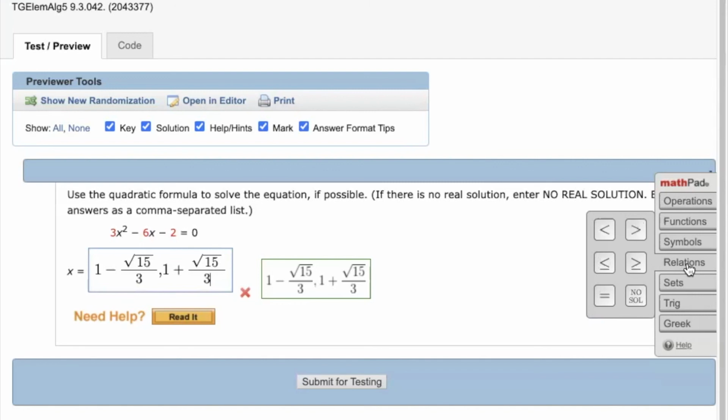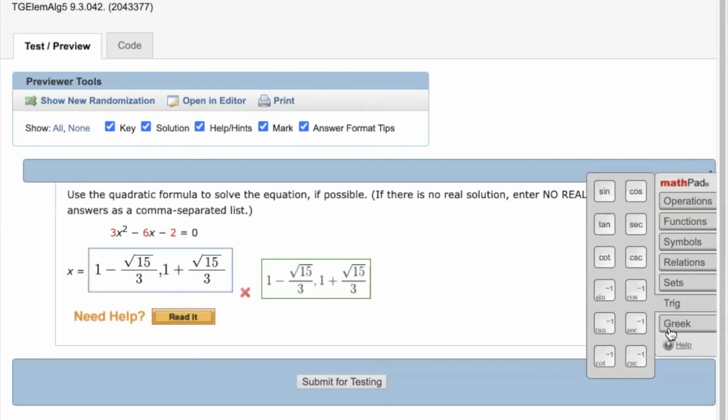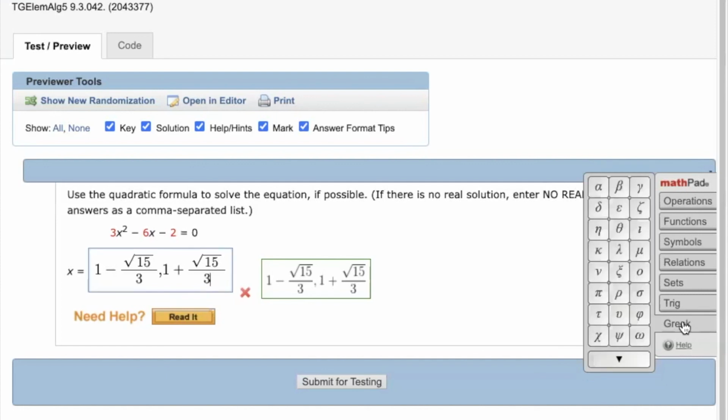So, you could always just have a big old WebAssign party and you and your vaccinated friends can go through and see what shenanigans you can get up to using all of these options. This is, of course, trigonometry. This would be Math 95. And then Greek, this is something that we use a lot of in calculus and beyond, and also trigonometry.